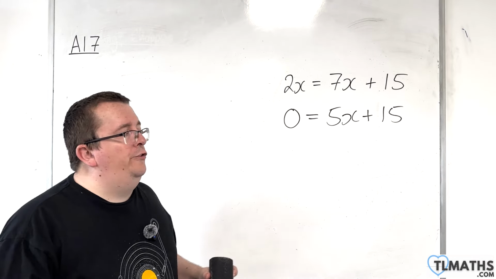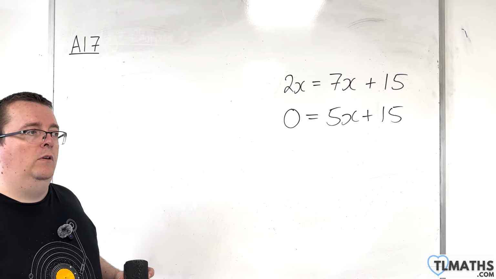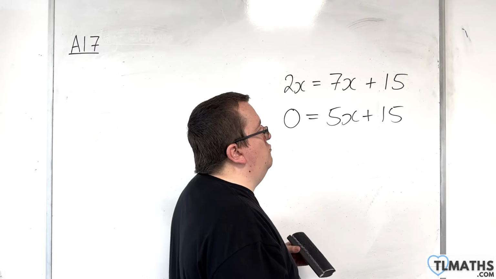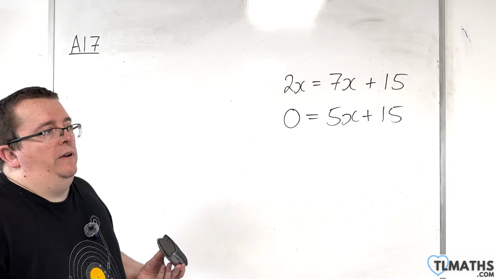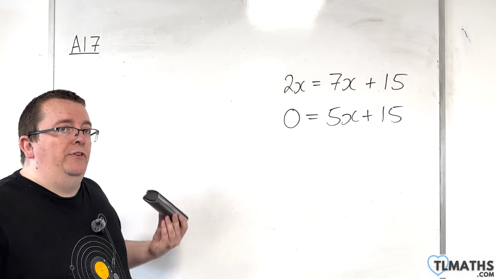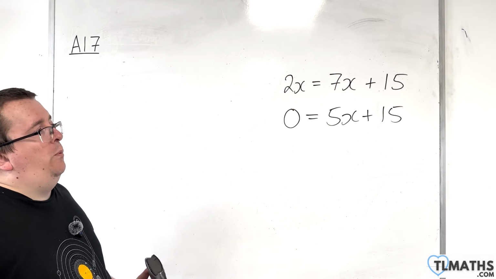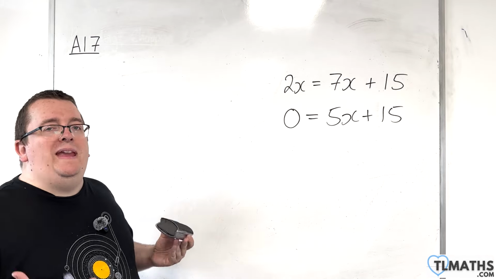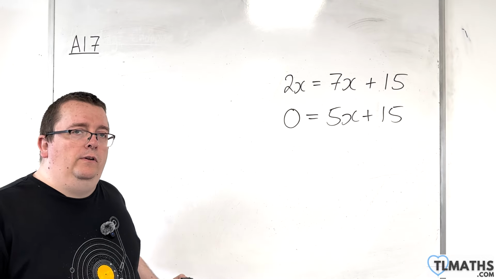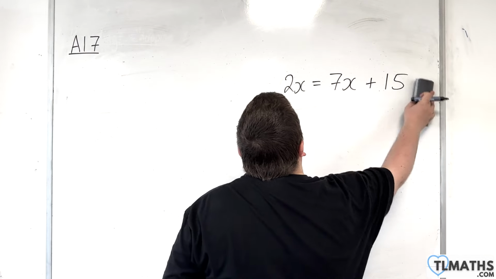I've put everything onto one side of the equation, okay, to get it equal to 0, which in some cases can be a good idea with certain equations. But with this one, it doesn't feel like it's really got me any closer to the answer, okay?